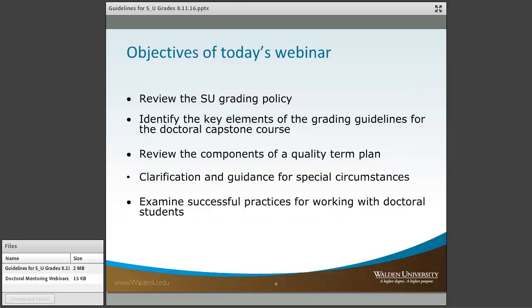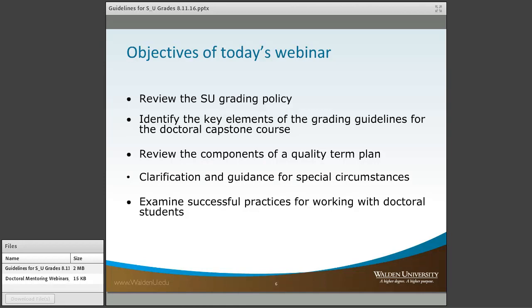So today, we'll be going over this policy. I do understand that for many of you, some of this may be new. In a large university like ours, there's a lot going on, and maybe you missed it last year, or you may be newer to the university. So we're going to be reiterating that. Key elements of the grading guidelines, a quality term plan, reviewing the components of a quality term plan. This has come up, and we're really going to focus on that a little bit.